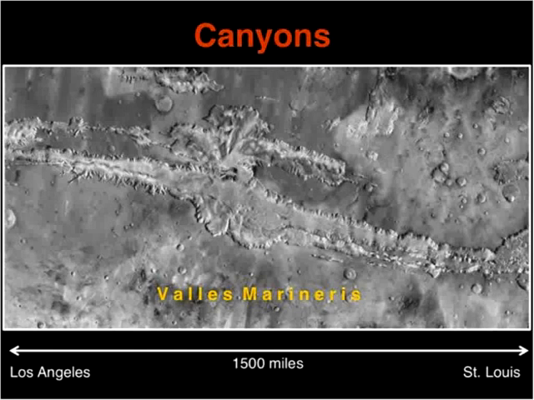It's called Valles Marineris, and this is just the main portion of this huge canyon on Mars. If this were on Earth, it would stretch from Los Angeles to St. Louis. It was formed by a combination of tectonic processes, faulting and rifting of the crust of Mars, followed by and including landslides.